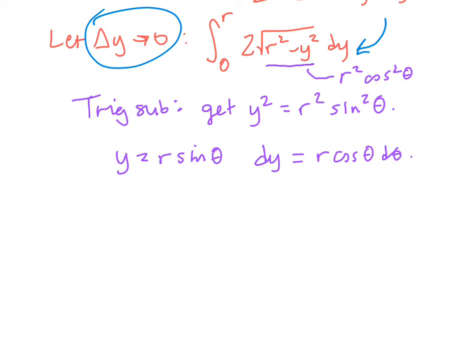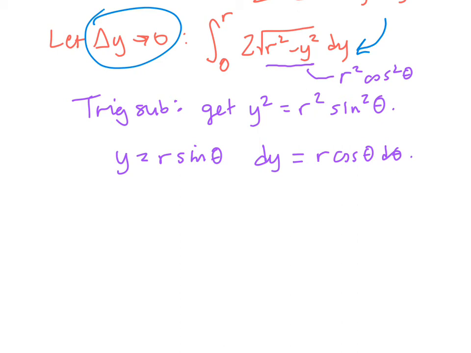And by the way, I think this is one of those situations where rather than keep the limits of integration in terms of y and then substitute everything back so it's in terms of y at the end, I would actually rather just do the entire problem at this point in terms of theta. So to do that, I need to make sure and put my limits of integration in terms of theta as well. So let's think about how that's going to work. When y is equal to 0, that's my lower limit of integration.